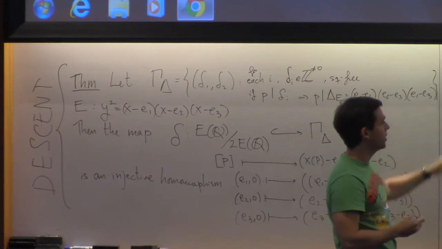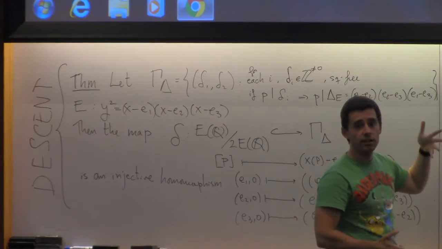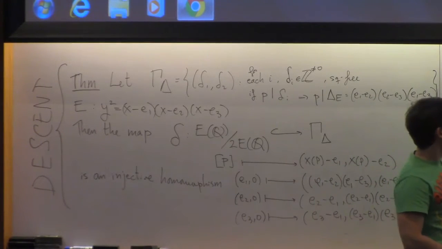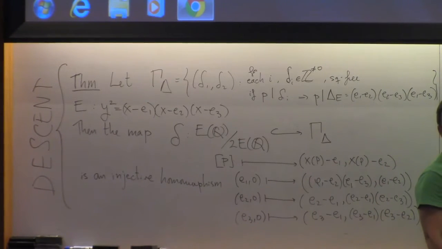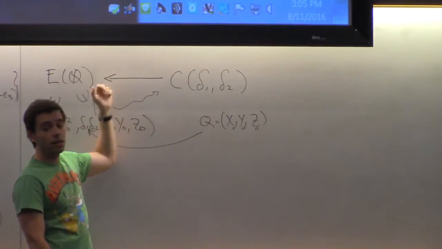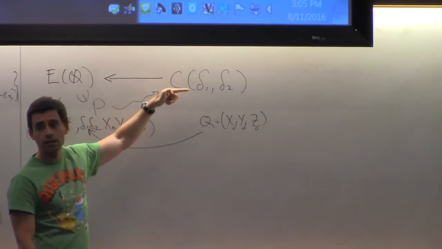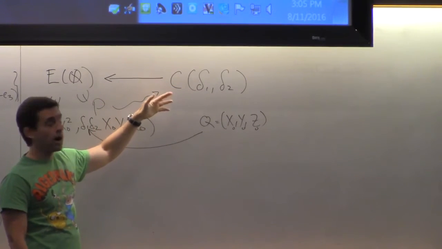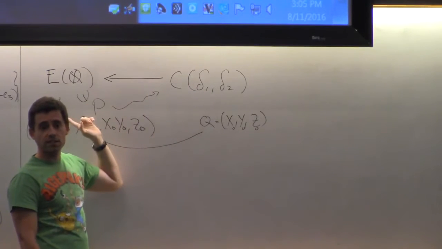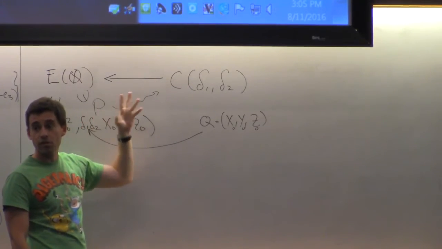The beauty of it is that these maps going from here to here are height increasing, meaning the height of the point that we talked about. So going in the other direction, they're height decreasing. It's easier to find points here than here because the coefficients are smaller.